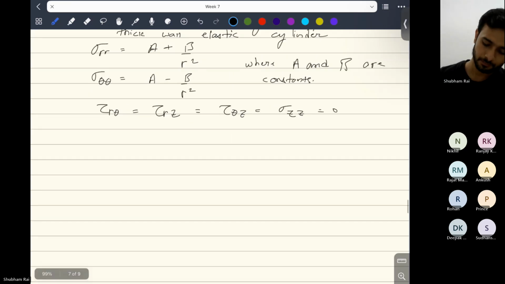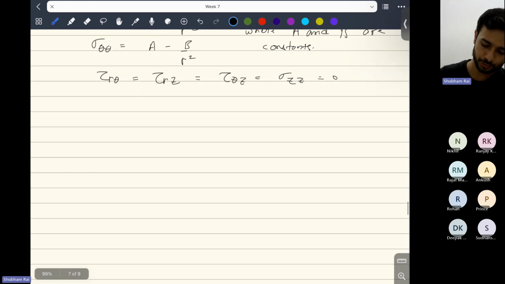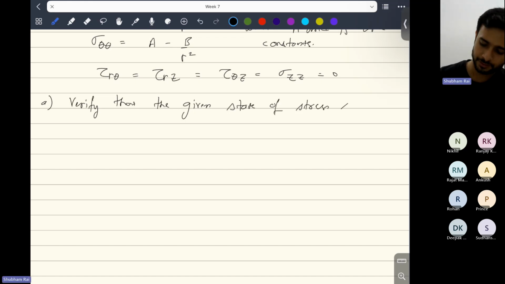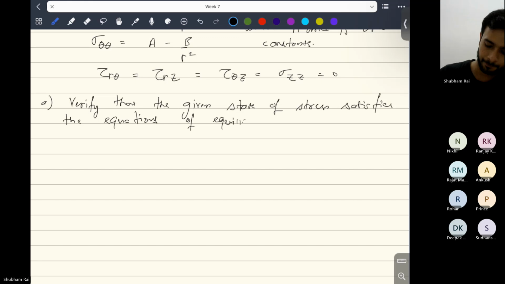So what you need to do is firstly verify that the given state of stress satisfies equations of equilibrium in the absence of body forces.